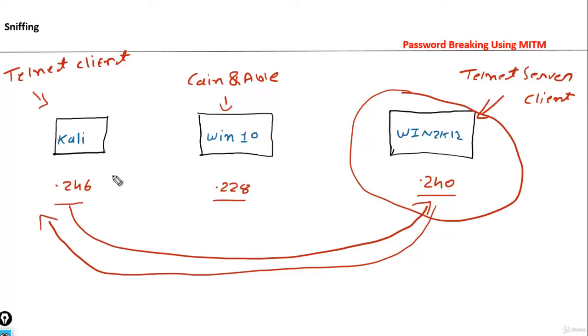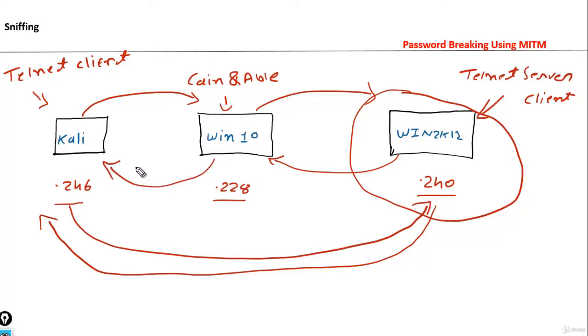So when Kali Linux tries to establish a connection with Win2K12, it will first send traffic to the Windows 10 machine, and then Windows 10 sends traffic to Win2K12. Win2K12 responds to Windows 10, and then Windows 10 provides data to Kali Linux.